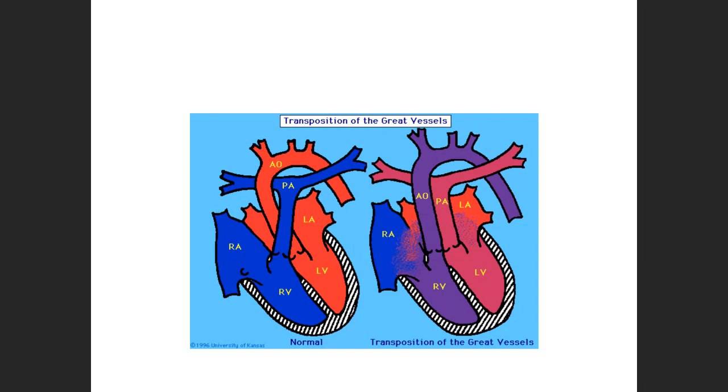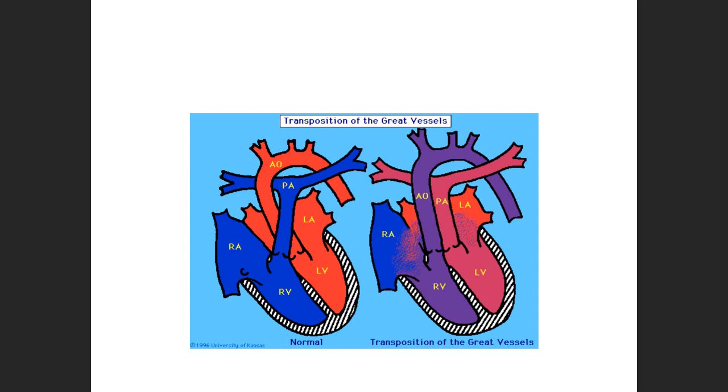Let's continue the journey of systemic venous blood. So it goes to right ventricle, aorta, aortic arch and descending aorta, to the systemic venous system, and comes back into the right atrium. Then again into the right ventricle, aorta, and so on.